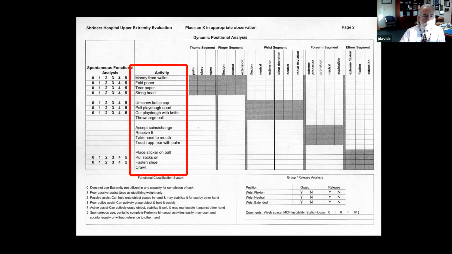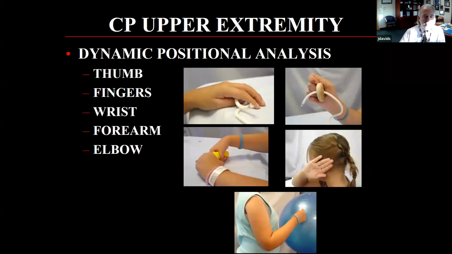The second part of the SHU looks at a series of 16 activities that were selected to determine the potential or actual alignment of the segments of the extremity when performing these tasks. The dynamic positional analysis looks at thumb alignment, finger alignment, wrist alignment, forearm, and elbow.